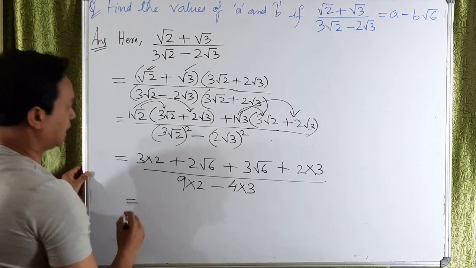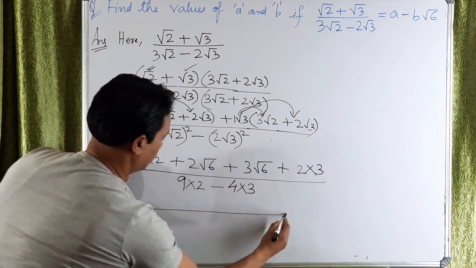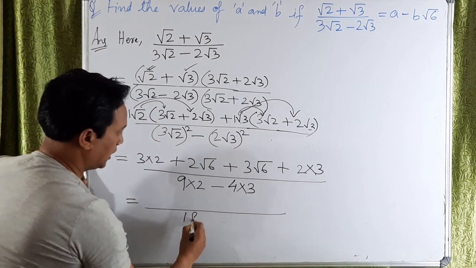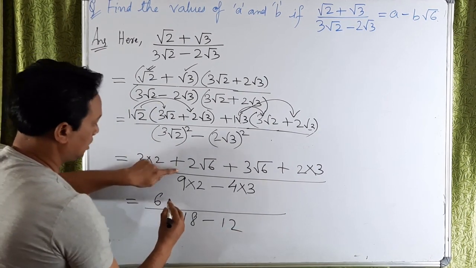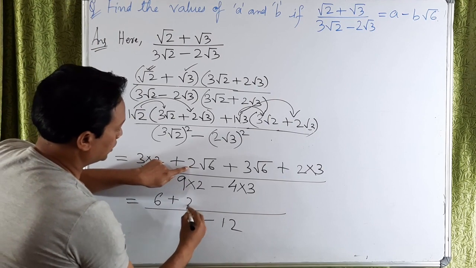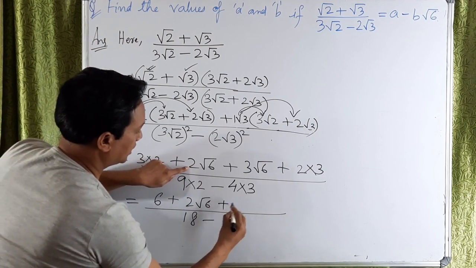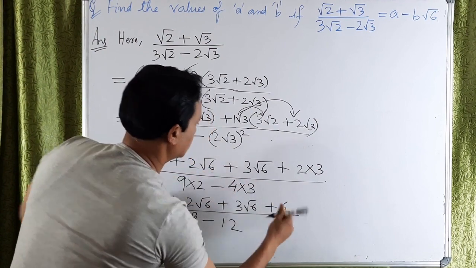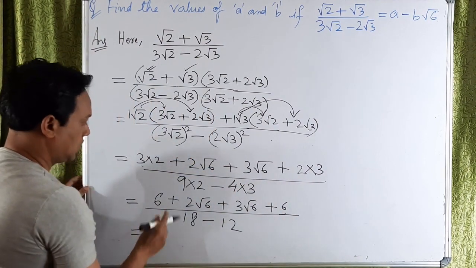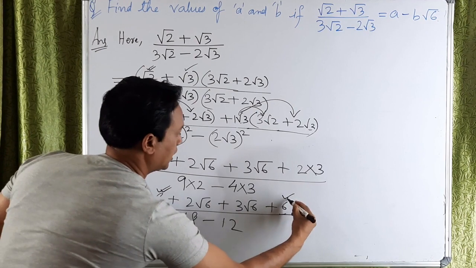Okay, and then next line. Now, let's start from the denominator here. 18 minus 12. Now, 3 2s are 6. Plus 2 root 6. Plus 3 root 6. Plus again 6. Now, this 6 and that 6 we can add.